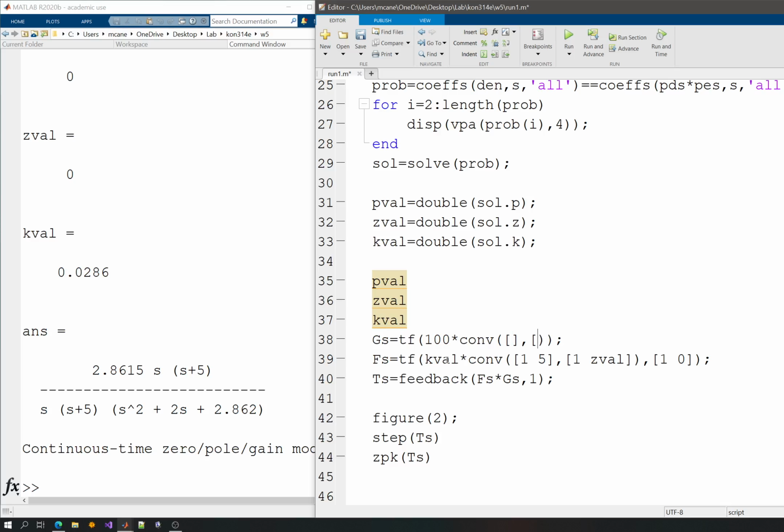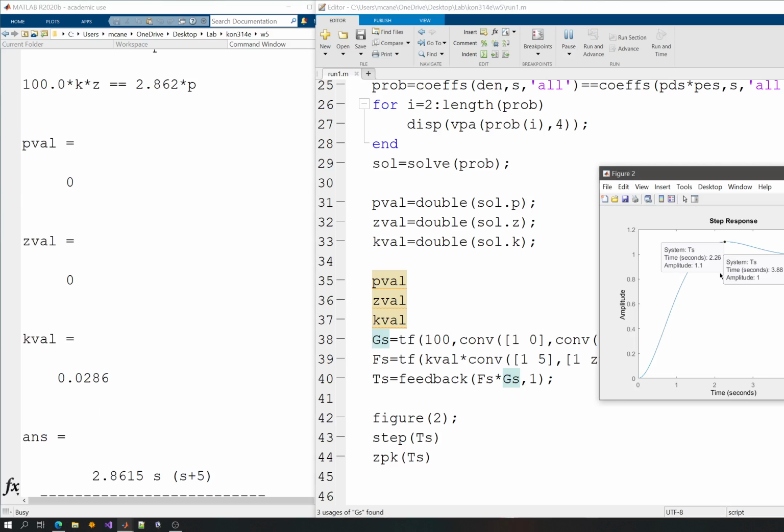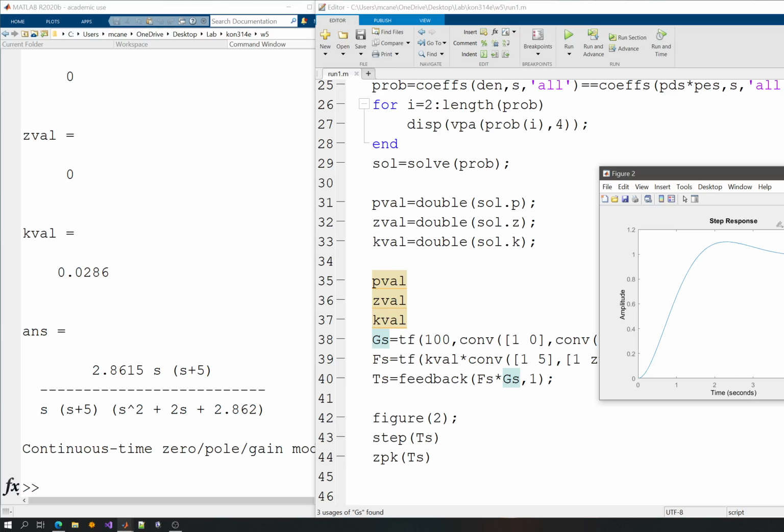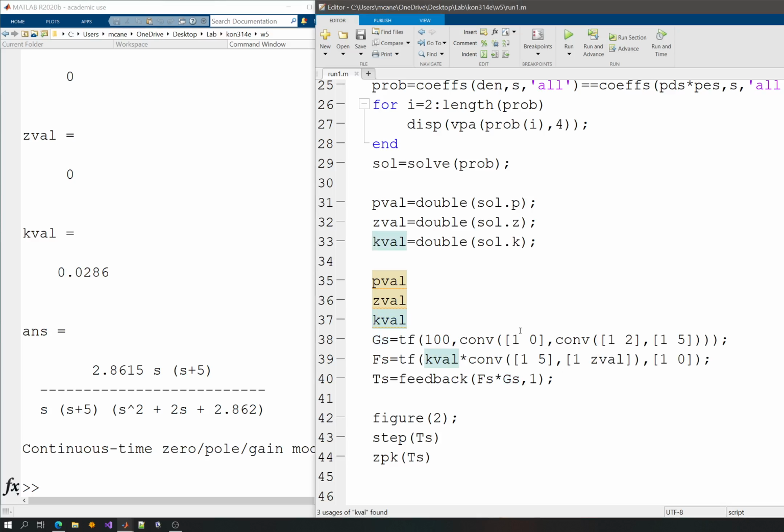Convolution of 100, comma, convolution of convolution, because I have 3 vectors to convolve, basically 1, 0, 1, 2, and 1, 5. Now this is basically the same. I'm going to run this, and it should not change anything here, and it didn't. You can see that this is the same. I didn't mess up anything.